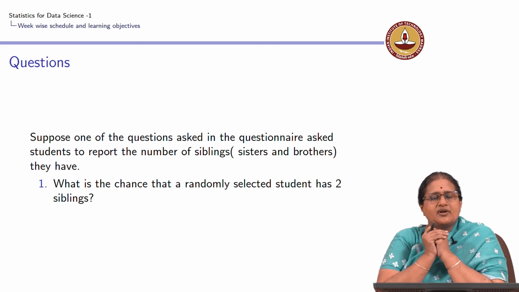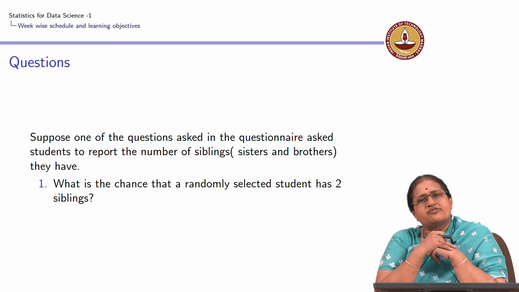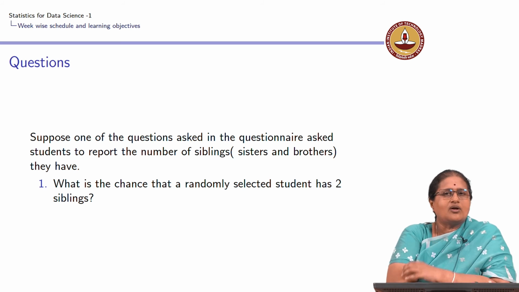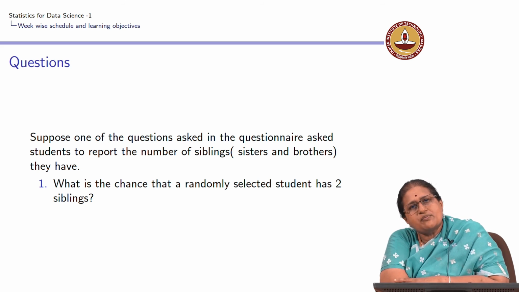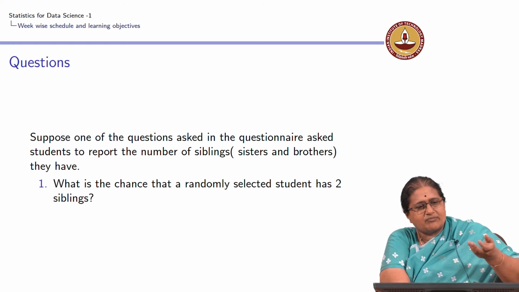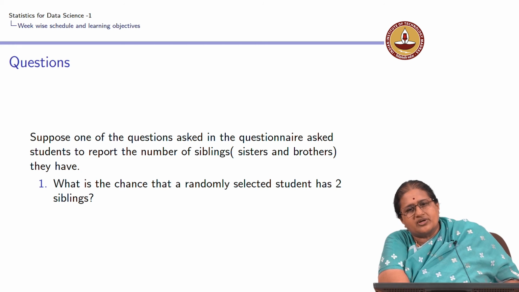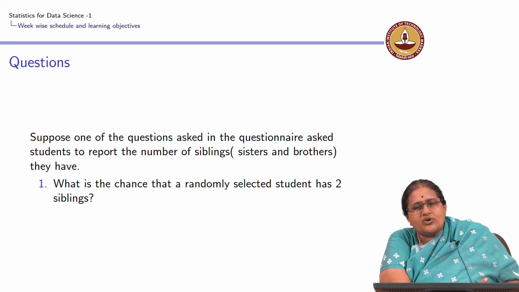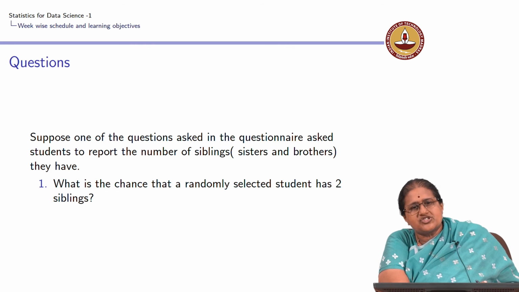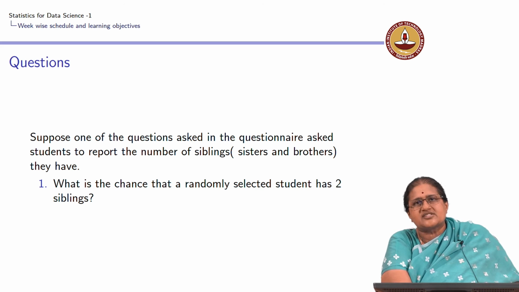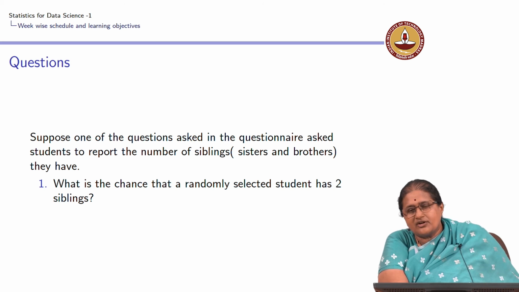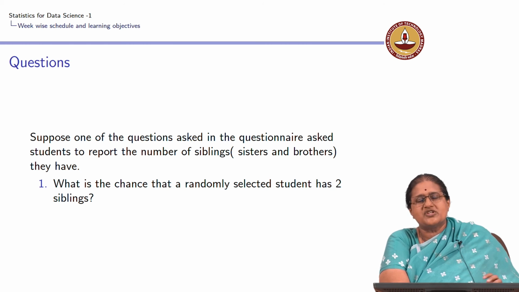For example, in the same questionnaire we referred to, suppose a student has also been asked to record the number of siblings, sisters or brothers, they have, and you are selecting some student by chance. A question you might want to answer is: what is the chance that a randomly selected student from my database has 2 siblings? I am just restricting it to 2, but it could be 1, it could be 0.